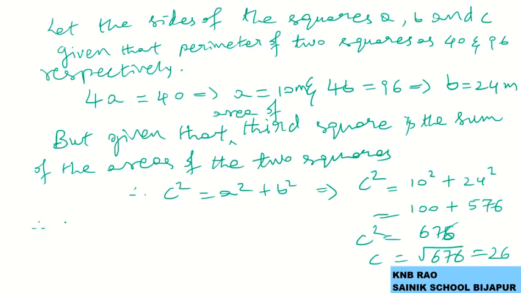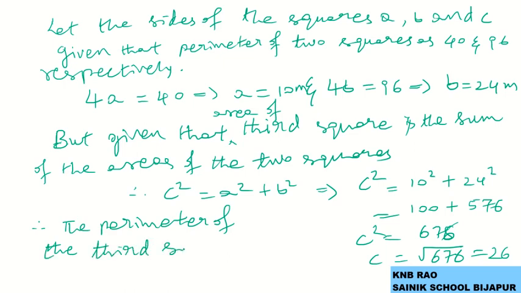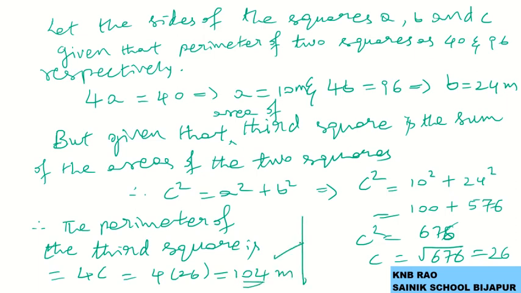Therefore, the perimeter of the third square is 4C. It implies 4 times 26, which implies 104 meters. We can conclude like this.